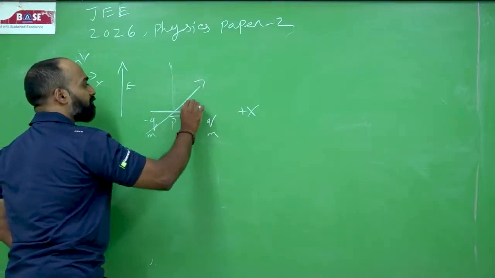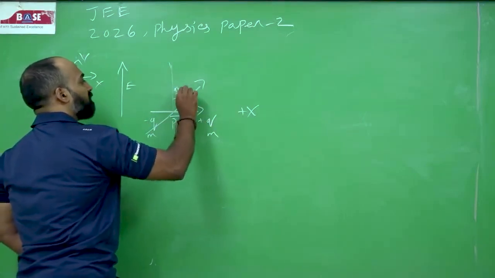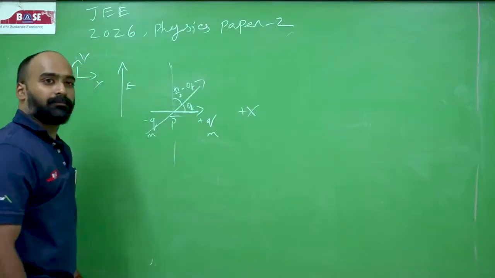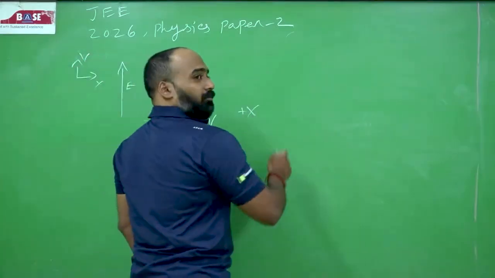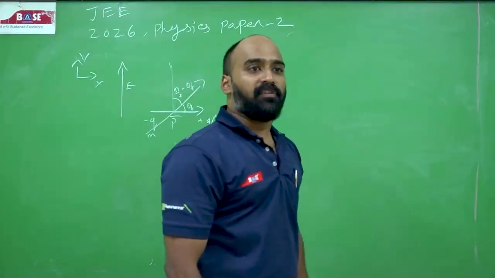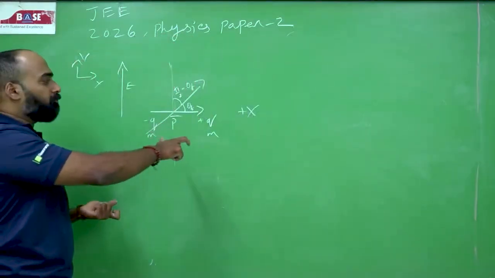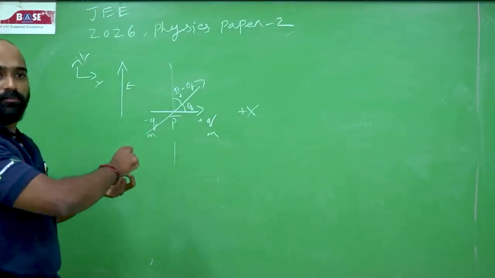So this is theta f. Then the angle with the field is pi by 2 minus theta f. Option A says the center of mass of the dipole is deflected towards j in the presence of the field. It's a uniform field, the net force will be 0, so the center of mass will not move.